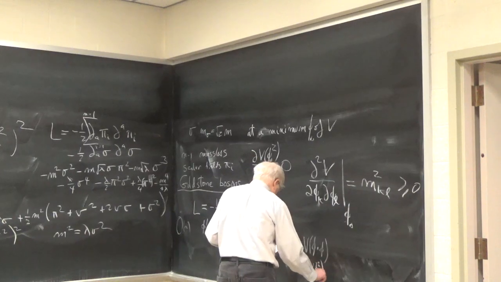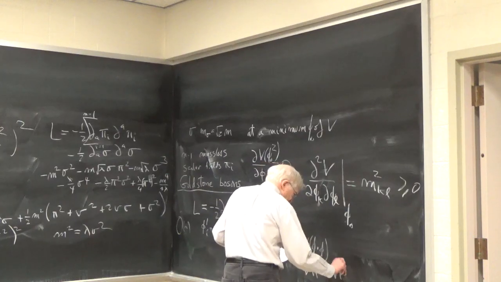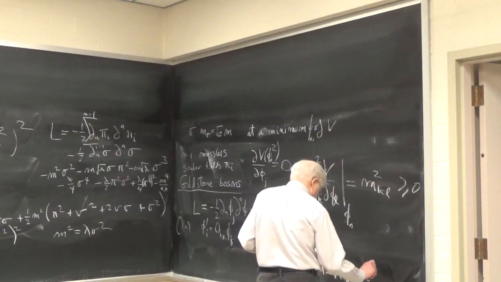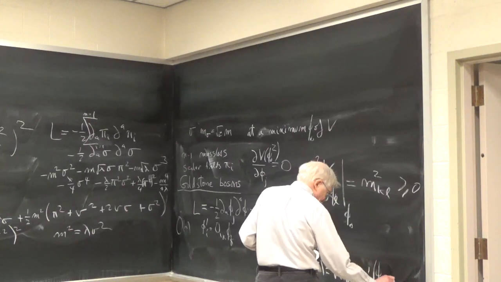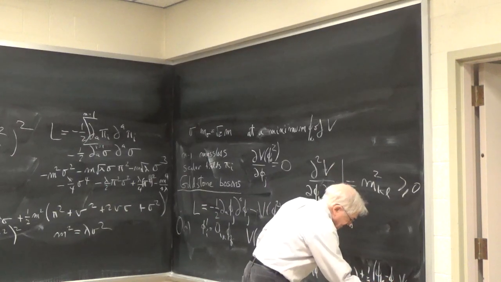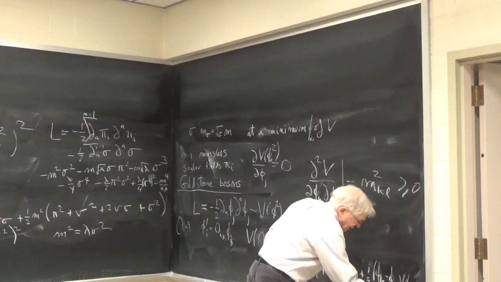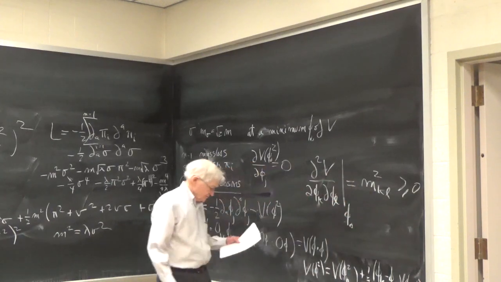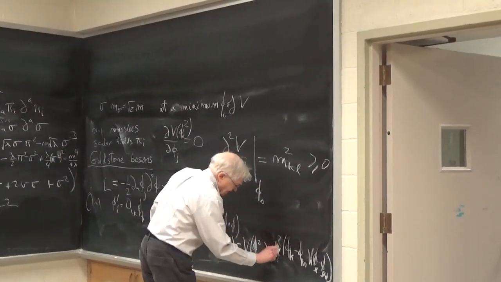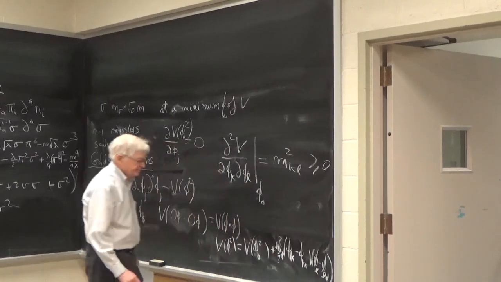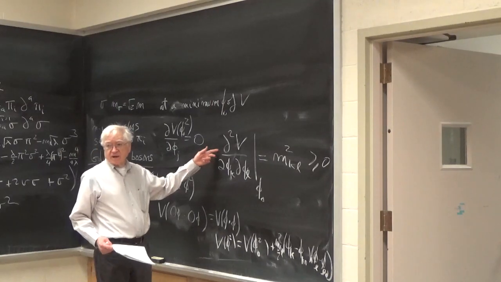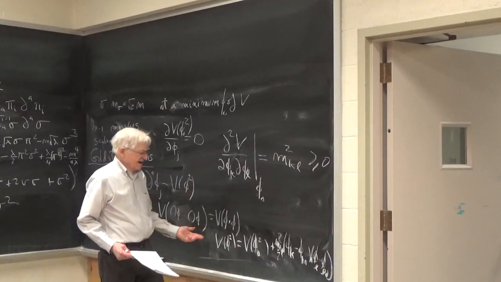And so near each minimum, V of φ squared is equal to V of φ_0 squared plus a half (φ_k minus φ_k0) times (φ_l minus φ_l0), and, of course, I left out the key parameter, m squared_kl.